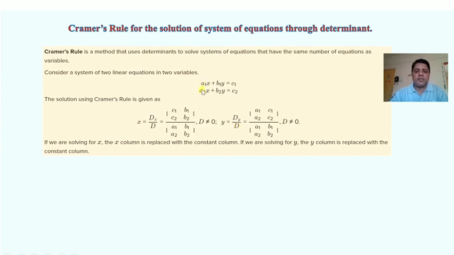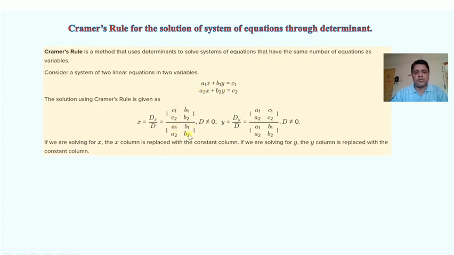Then, depending upon the number of variables, the second determinant will be denoted by dx, and the third one, in this case the last, will be denoted by dy. Suppose there are three variables and z is also there, then the fourth determinant will be denoted by dz. Now there is a particular way of selecting determinants. D is very simple: a1, b1, a2, b2.